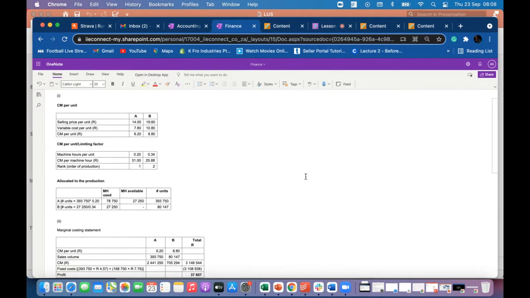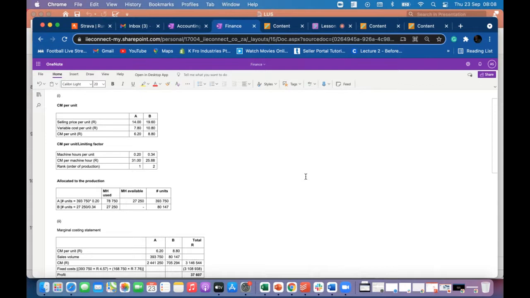it's on page 124. Okay, and if we look at the required, they say there, calculate the production quantities of A and B required in order to maximize profits. So our objective there is to calculate the production quantities for A and B required to maximize profits.